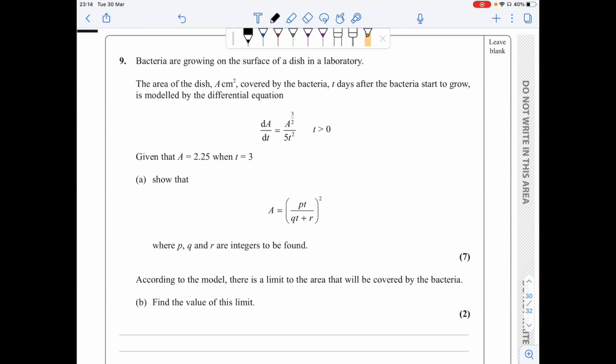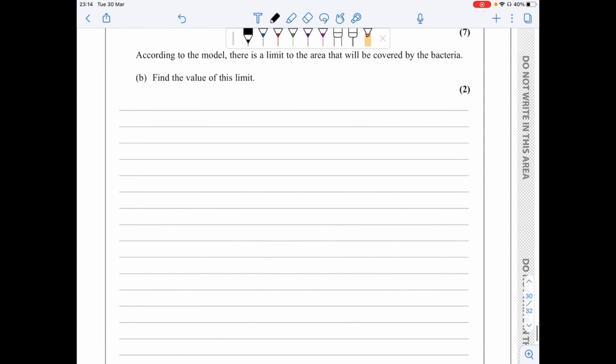In question 9, part A, I will use separation of variables to solve this differential equation. So A to the -3/2 dA, the integral of that, equals the integral of 1/5 t to the -2 dt. So -2 A to the -1/2 equals -1/5 t to the -1 plus c.